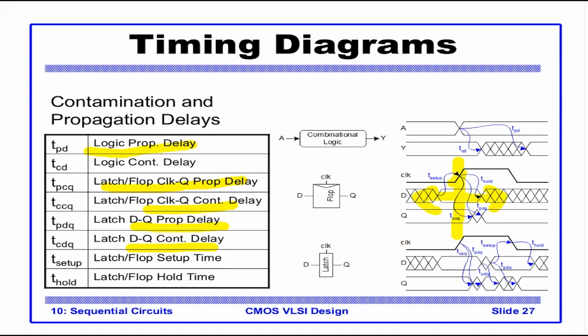Data should be stable at least some time before the clock edge. This minimum time constraint is called setup time. That is, data should be set up before the clock trigger edge comes, and this restrictive time is called setup time. Similarly, data should be held for some time after the clock edge has passed.